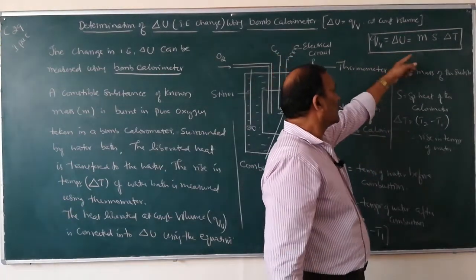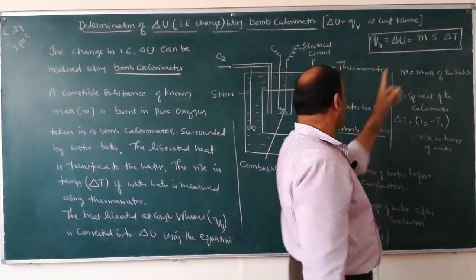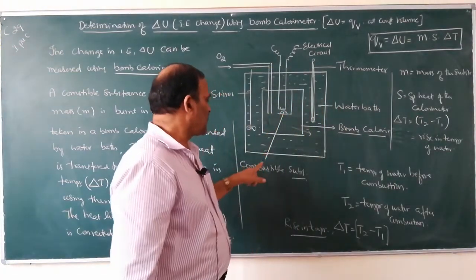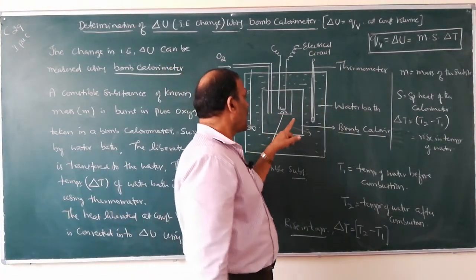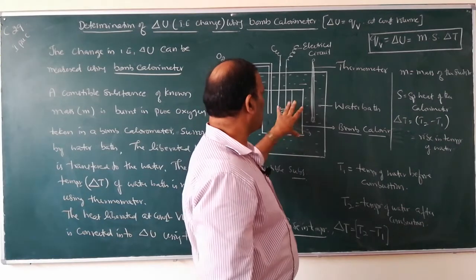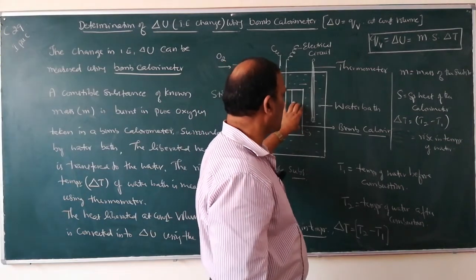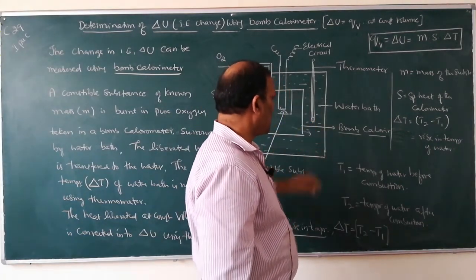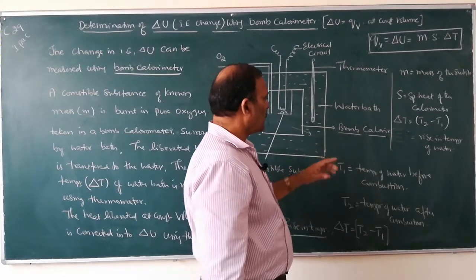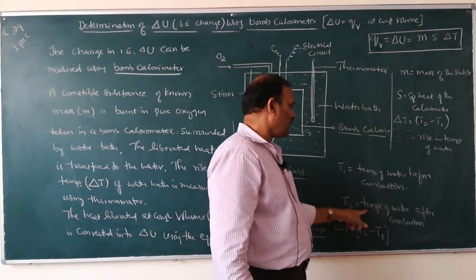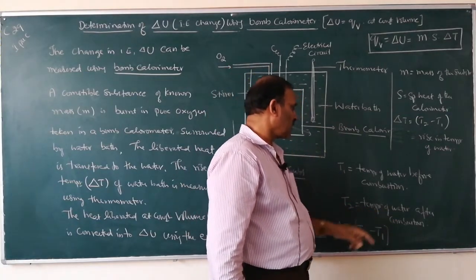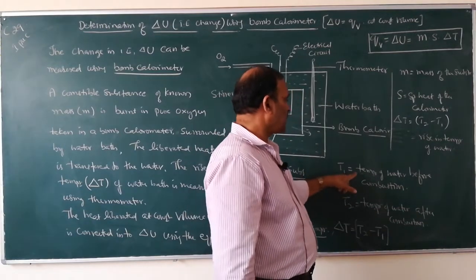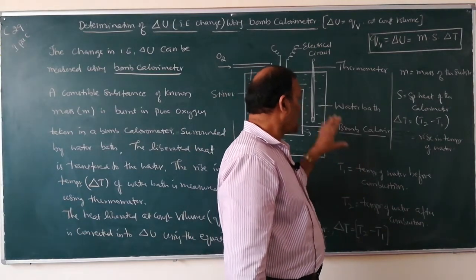So, if M is the mass of the combustible substance taken and S is the specific heat of the bomb calorimeter, and delta T is equal to T2 minus T1. What is T2? Temperature of water after combustion, and T1 is the temperature of water before combustion.